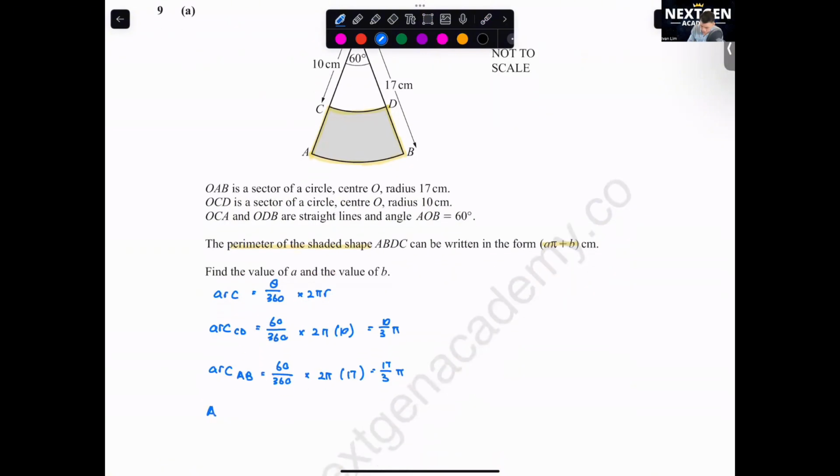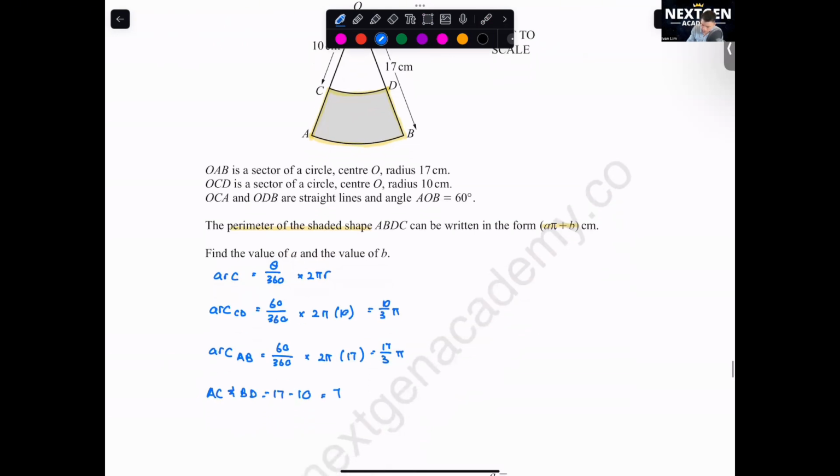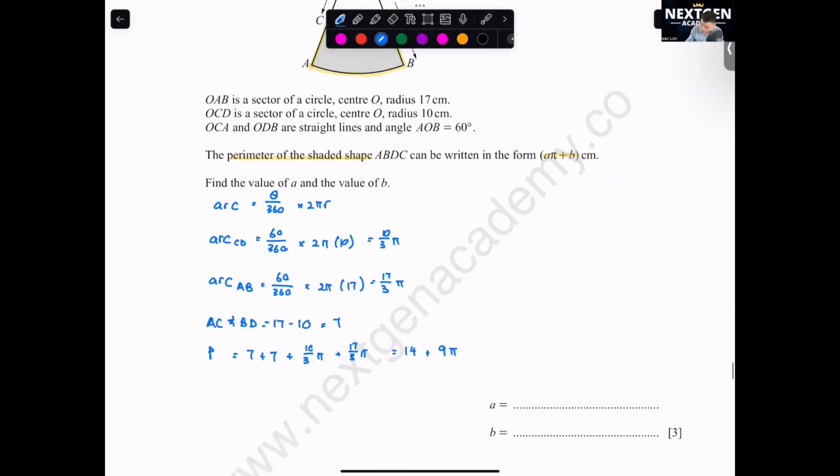AC and BD are just 17 minus 10, which is 7. So the perimeter will be 7 plus 7 plus 10 over 3 pi plus 17 over 3 pi, which gives 14 plus 9 pi. If we put it into that form, it should be 9 pi plus 14. So A is 9 and B is 14, because they want it in A pi plus B.